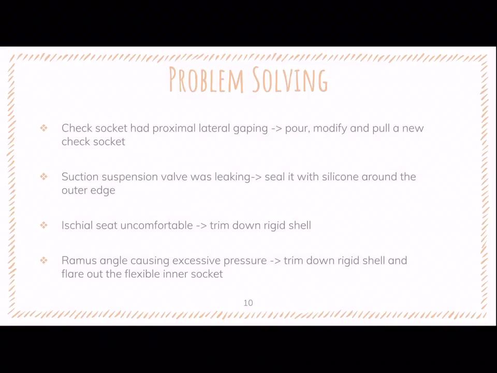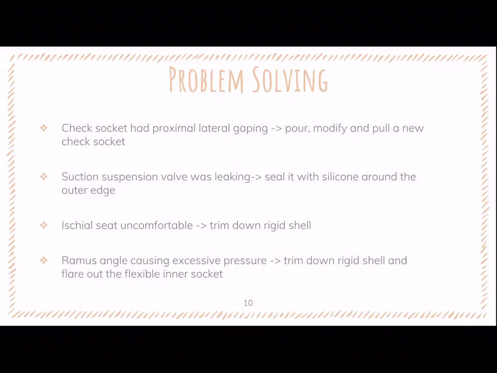So moving on to problem solving, there were a few issues that came up while working on this prosthetic leg. During the first check socket, there was a lot of proximal lateral gapping, in that trochanter area. This was an easy fix by remodifying the socket and having her come back for a second diagnostic socket.